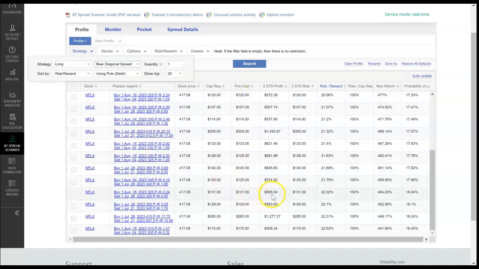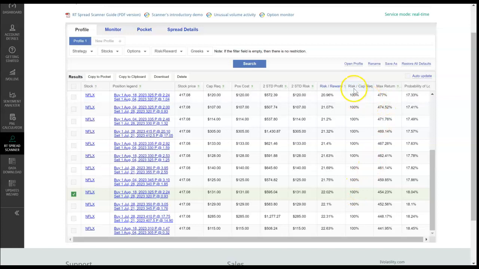And then if Netflix moves 2 standard deviations in our favor, so lower in this case, we stand to gain up to $595. Our risk is our net out of pocket, which is this 131 figure. And of course, we could lose up to 100% of that, which is why risk to capital reward is 100%. And then our max return is what it costs us divided into what we could make.